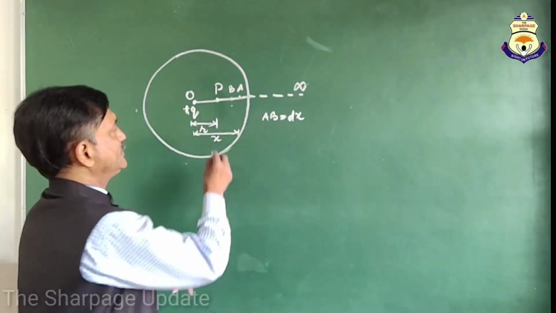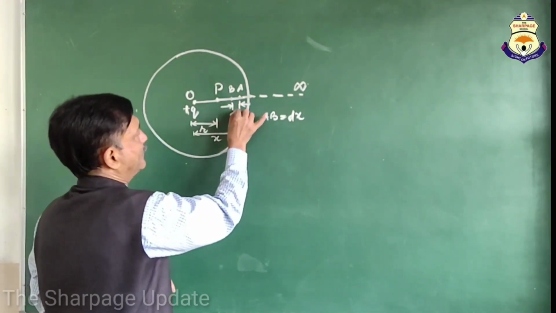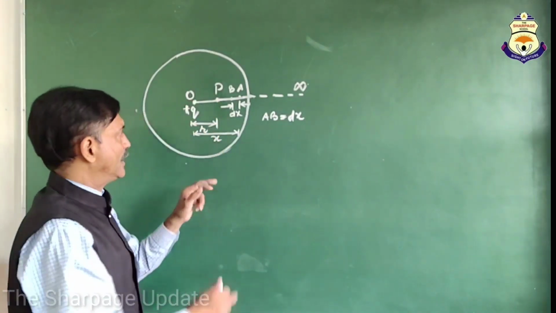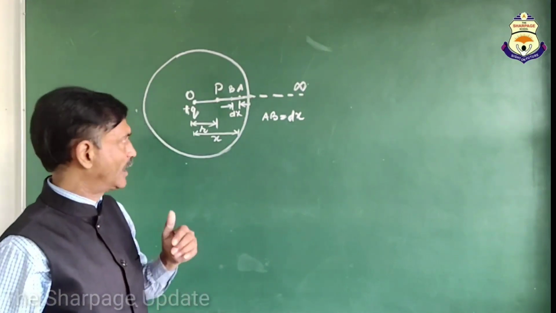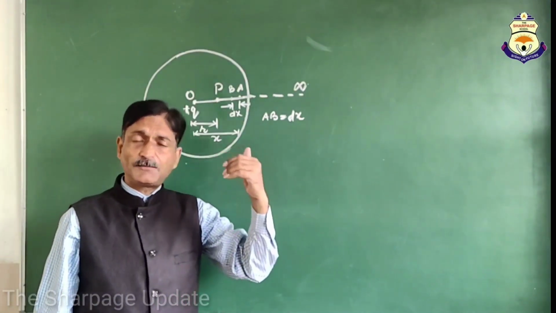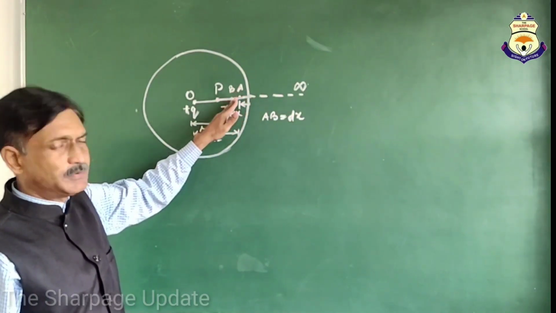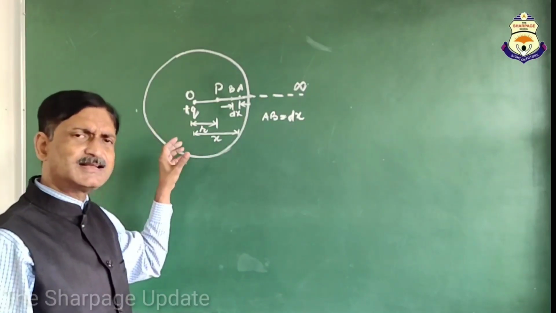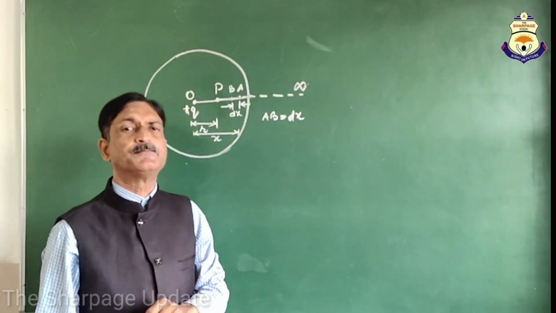So here you can see this distance is represented by dx, distance OP is represented by R and distance OA is represented by x. Now, we are moving a unit positive test charge from infinity to point A, then to point B, and then at very small distances, we are moving the unit positive test charge to the point P.